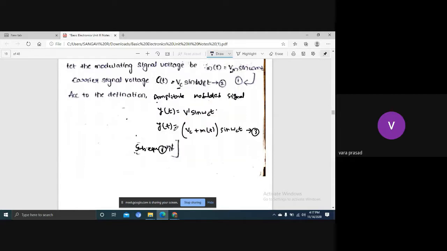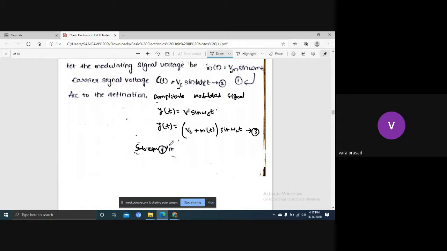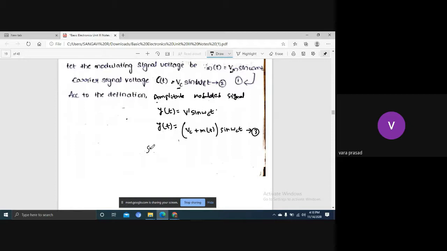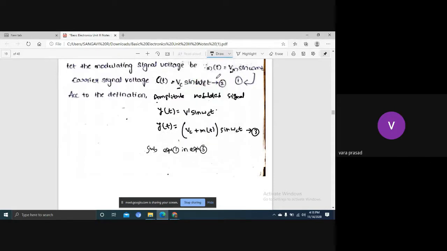Substitute equation 1 in equation 3. Then if you substitute this m of t here, I can get y of t is equal to Vc plus Vm sine omega m t, into sine omega c t.